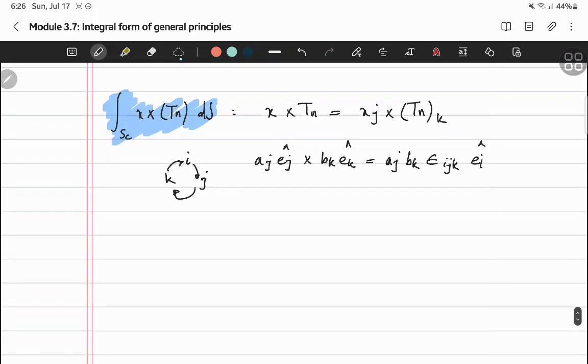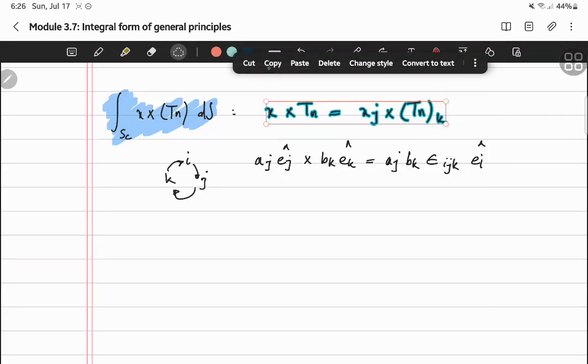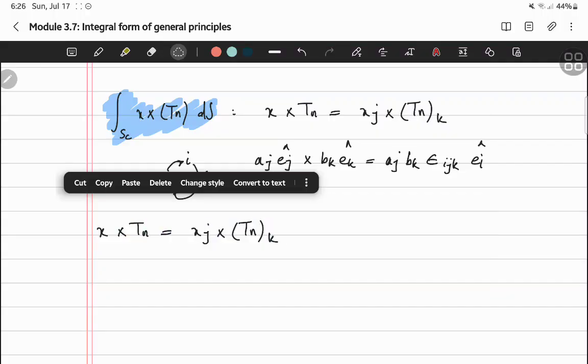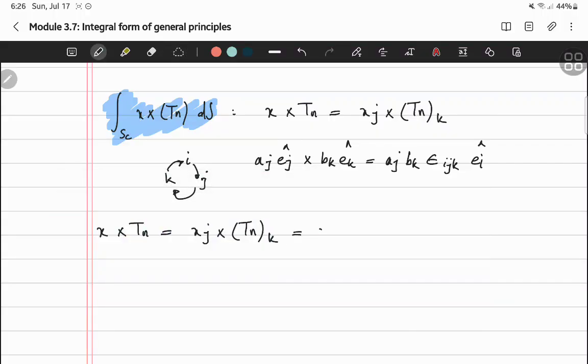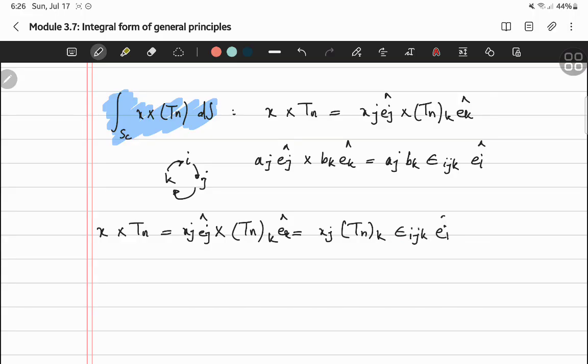So therefore, this can also be written as xj ej cross tn ek. So this became xj tnk, and here we have epsilon ijk e_i.